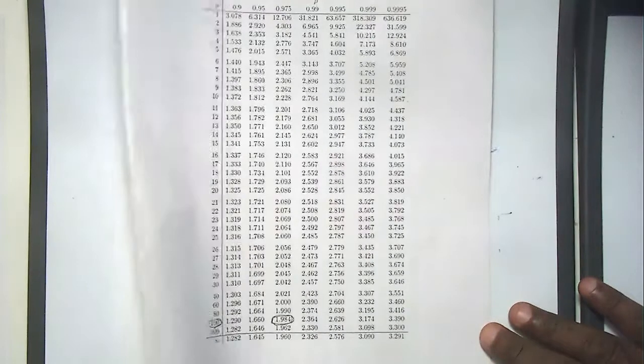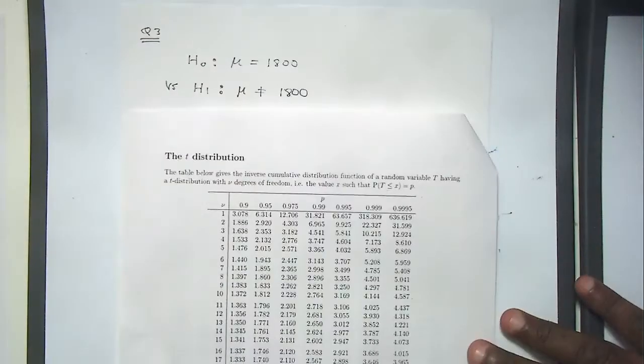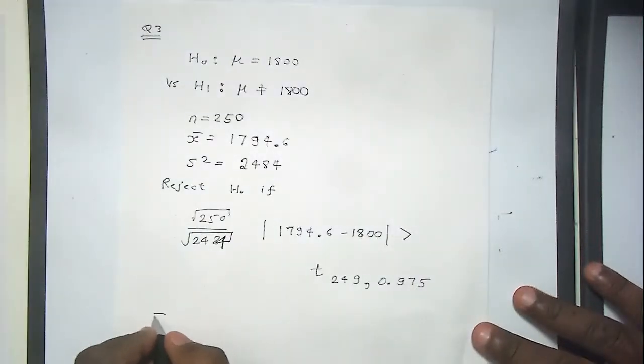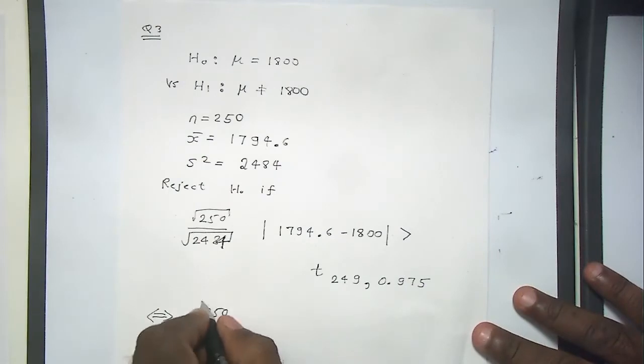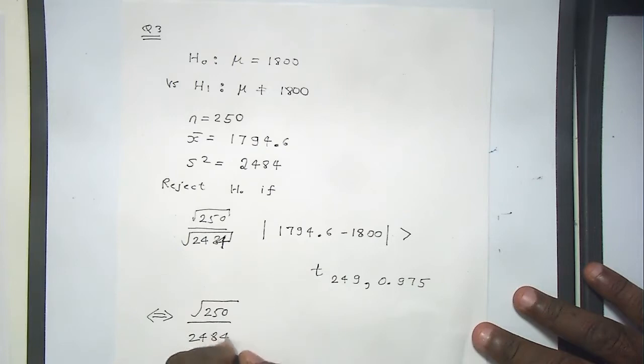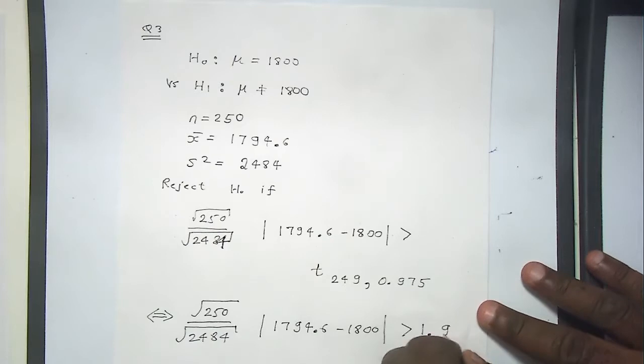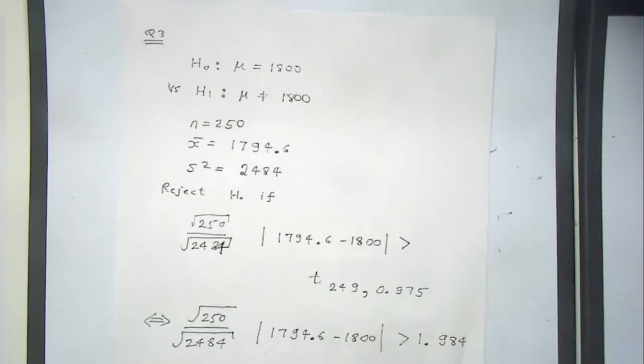Because you're looking for 0.975, which is 1.984. So this is the answer.